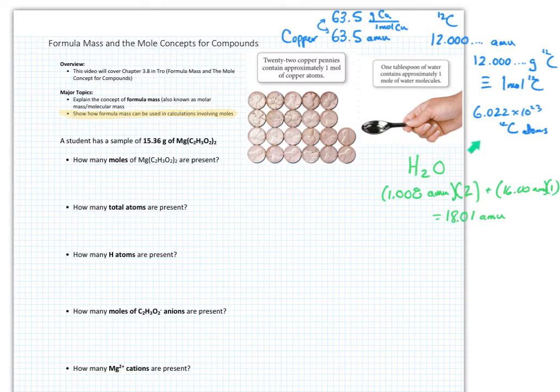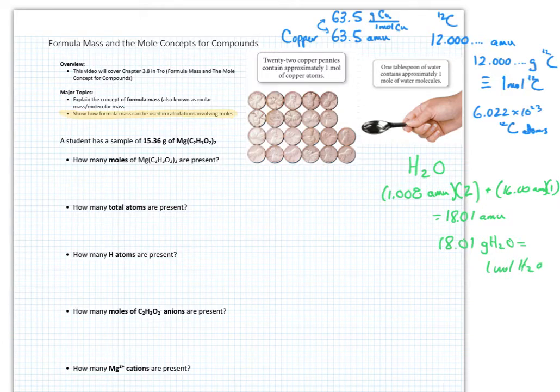Well, what if we had 6.022 times 10 to the 23rd water molecules? Remember, the number of grams is the AMU number in grams, that's what happens when we have 6.022 times 10 to the 23rd. So likewise, when we have 18.01 grams of H2O, that is equal to 1 mole of H2O.